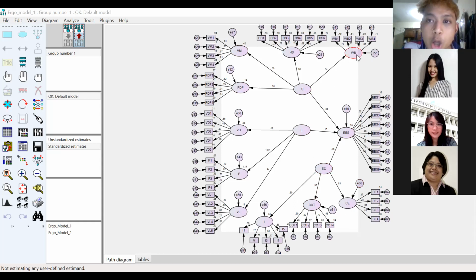Among all of these, 1, 2, 3, 4, 5, 6, 7, 8, 9, 10, which one is more important to this one? You can see two, but of course indirect. You can see this one to this one too. So running this is also possible, and this is what I call second order.